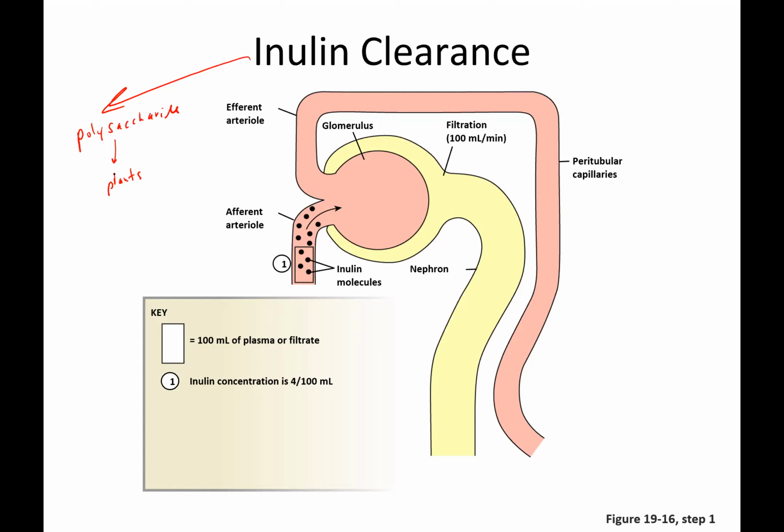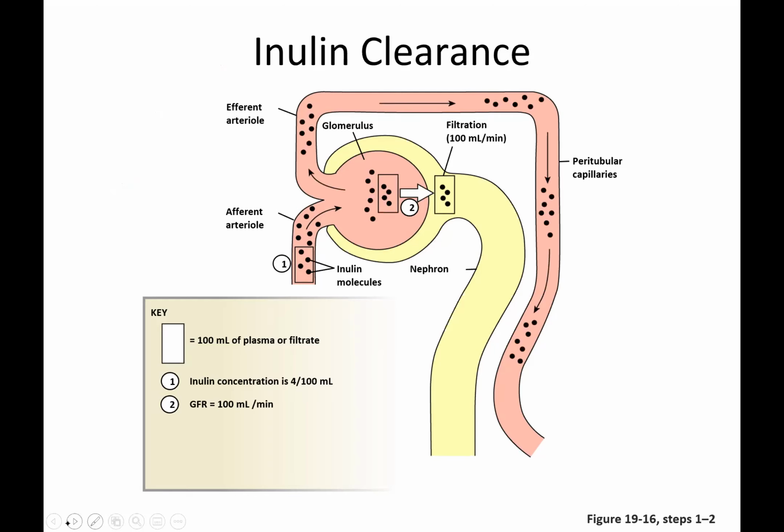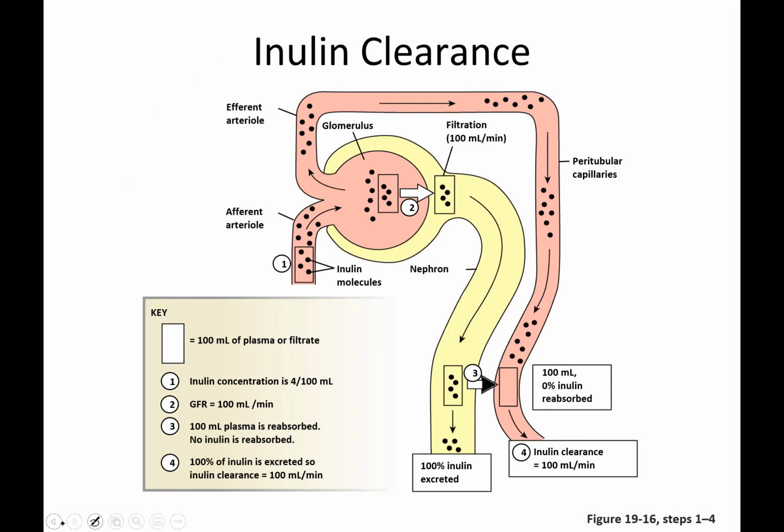Okay, and there's just a way you can test for inulin clearance. Okay, so that's really all I want you to know from that: inulin comes from plants, and we can test for it. So it's called the inulin clearance.